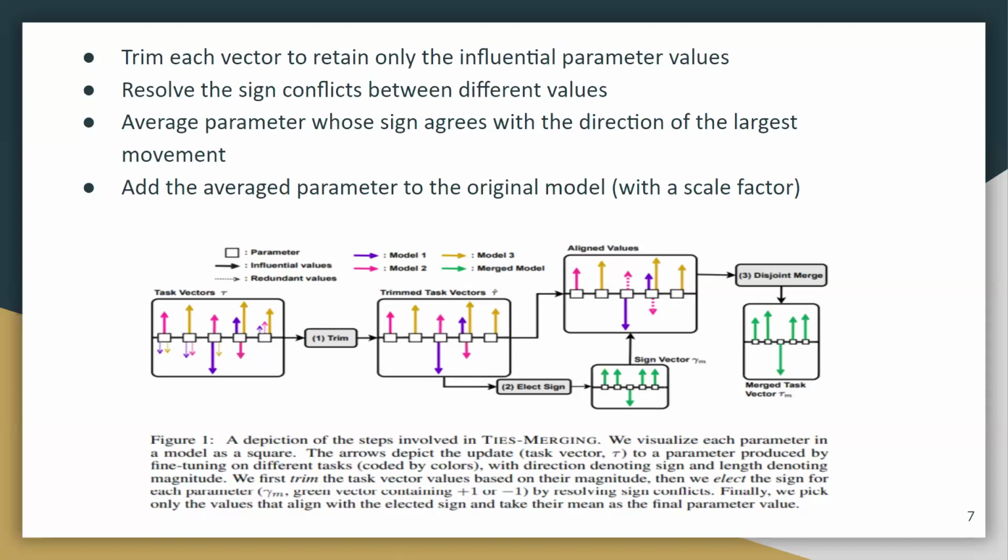I don't know exactly, but either they are averaging over those 100 or they are merging it for each instance. It could be just the magnitude of those vectors also, I mean the weights. But here it is not talking about the magnitude. Here it is talking about the update to a parameter produced by fine-tuning on different tasks.